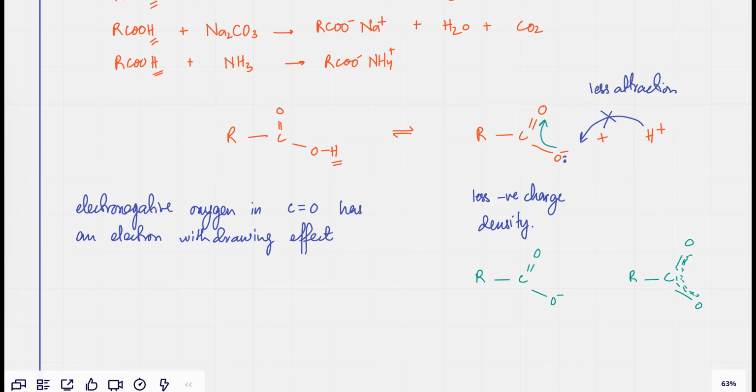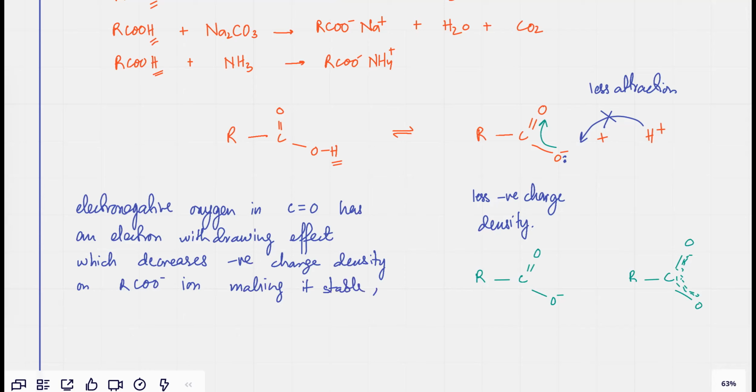And because of that electron withdrawing effect, which decreases negative charge density on the RCOO- ion, making it stable, there's going to be less attraction for H+.